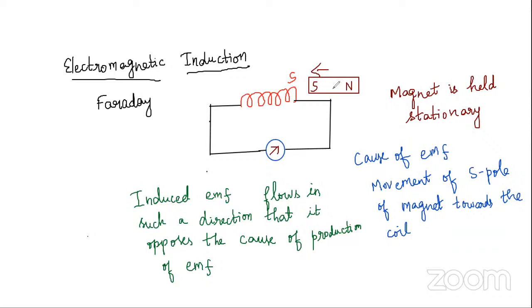The cause is the bar magnet being moved towards the coil. So the induced EMF flows in such a way that it opposes the cause. If it has to oppose the cause, then this end becomes the south pole.